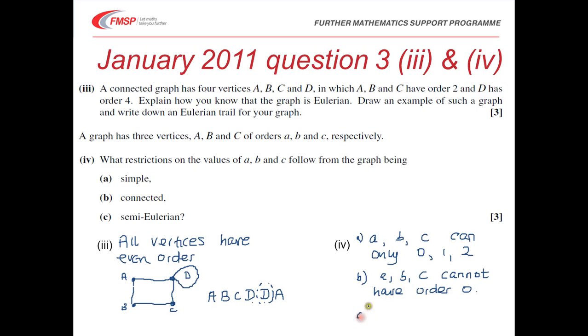And then in part C, semi-Eulerian. Remember, semi-Eulerian means that you have precisely 2 odd nodes, and that means that you would have 1 that was even. There is 1 mark for each of those.